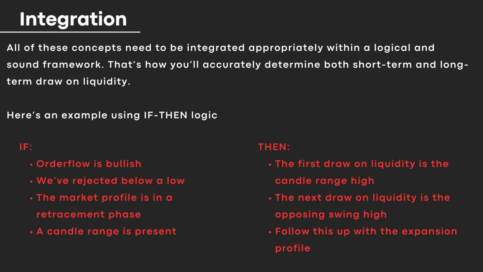If the order flow is bullish, and if we've rejected below a low, and if the market is in a retracement profile and it has almost ended, and if a candle range is present there, then based on all of these if metrics and hypotheses, the only deduction in outcome for price is to first target the candle range high as short-term draw liquidity, and then eventually the opposing range high or swing high as long-term draw liquidity, which means we'll have an expansion profile to the upside.